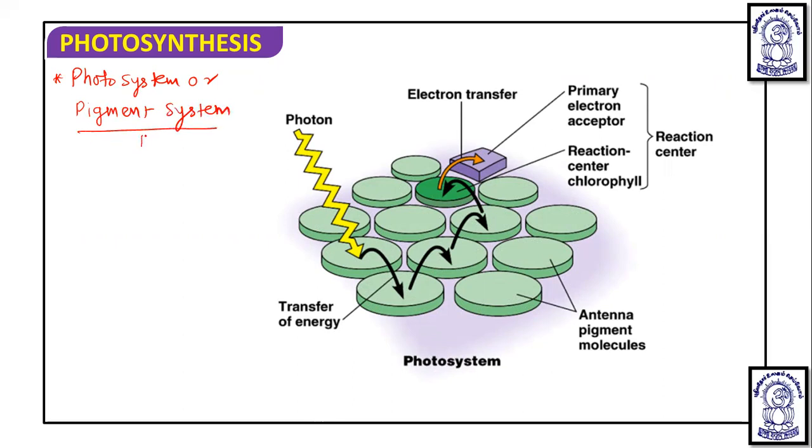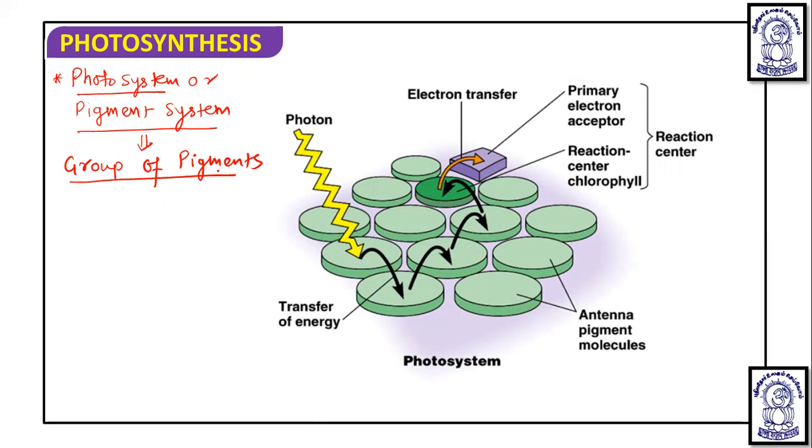Now photosystem is nothing but a group of pigments, because in the thylakoid membrane of the chloroplast, the pigments are not found in isolation or singly, they occur in groups. So photosystem or pigment system is a group of pigments.